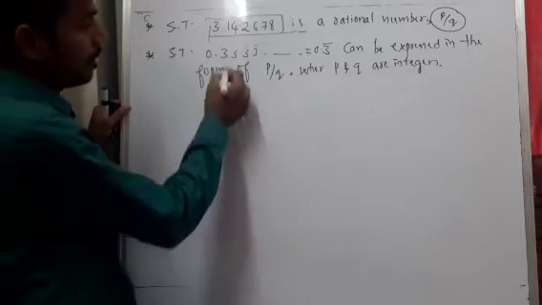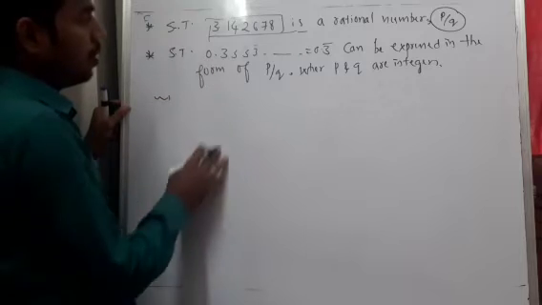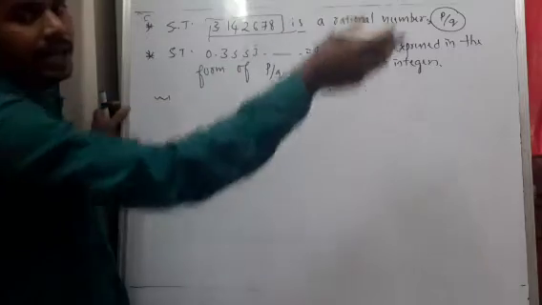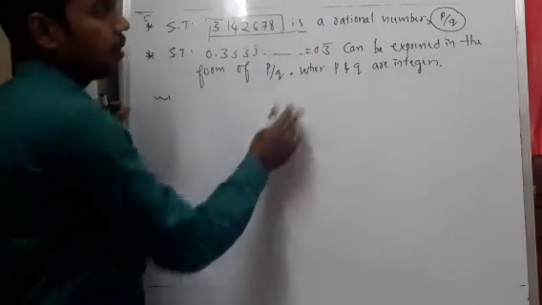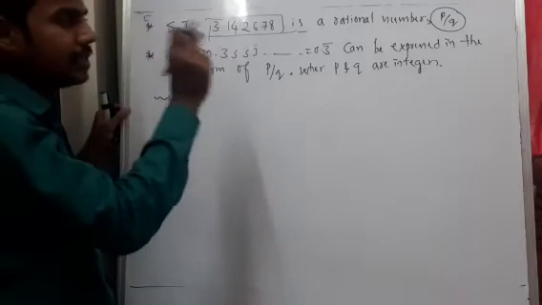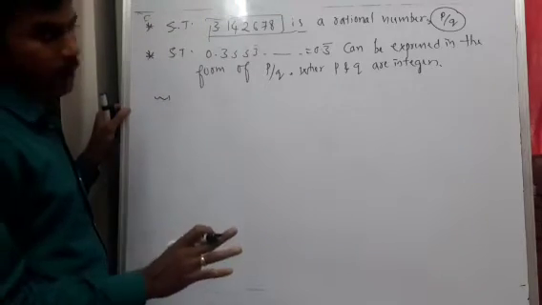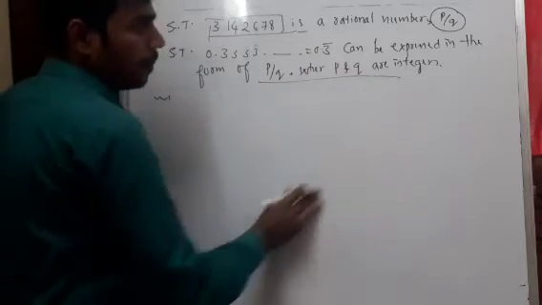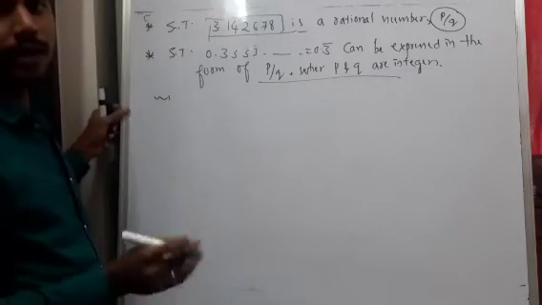Next one is show that 0.333, or else 0.3 bar, means this 3 is repeating again and again. That is the reason they have put the bar on this. Wherever they put the bar, it indicates that that digit is repeating. Now, in order to express it in the form of P by Q, we need to follow certain steps.